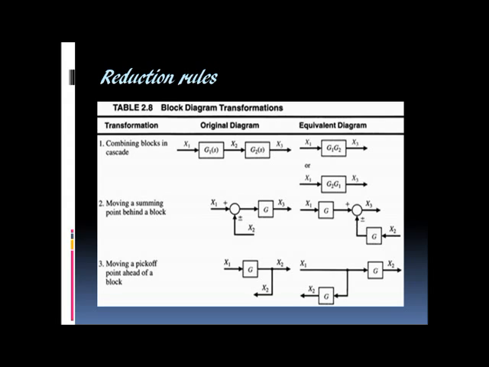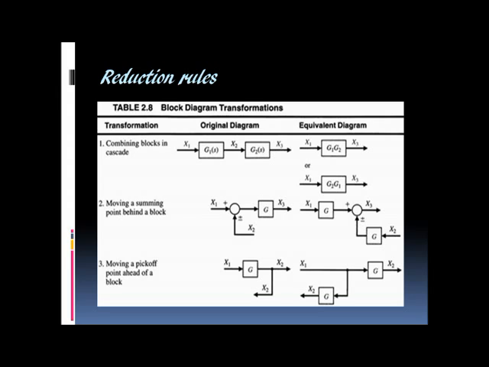Then we go to the second rule, which is the moving of a summing point. Here we are moving the summing point behind a block. When you move a summing point behind a block, the branch leading to the summing point will get a new block which is the same as the block behind which you are moving the summing point.